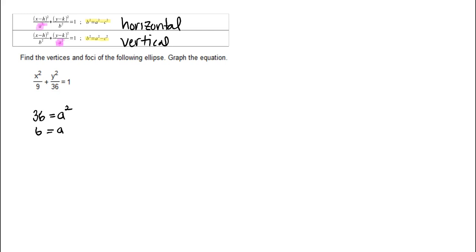Then 9 will match with b squared, so that means that b equals 3. And I can also see that there are no numbers added or subtracted here, so this ellipse has a center at 0, 0.